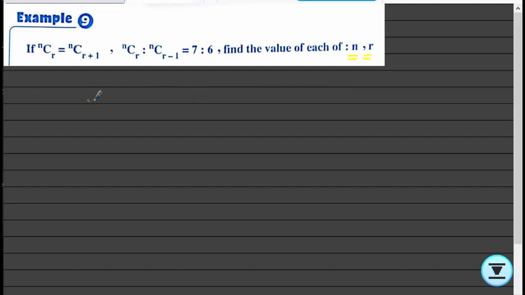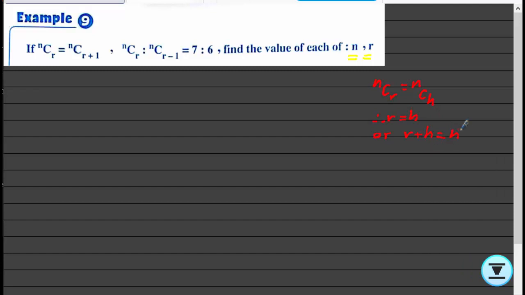Now remember that rule. When nCr equals nCh, for example, so we deduce that r equals h, or r plus h equals n.